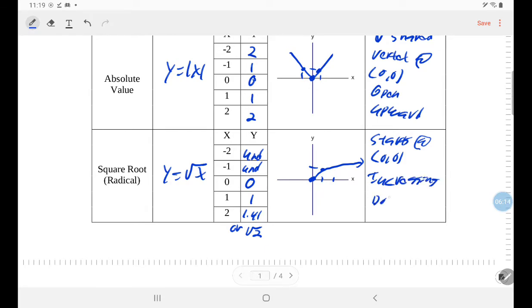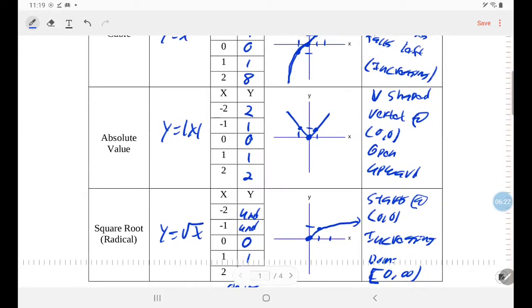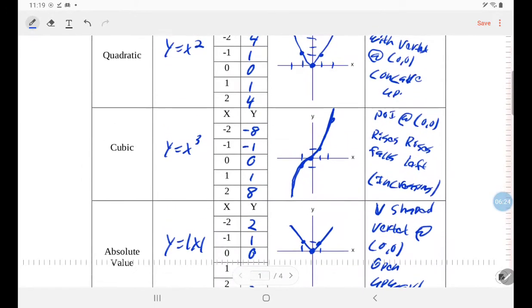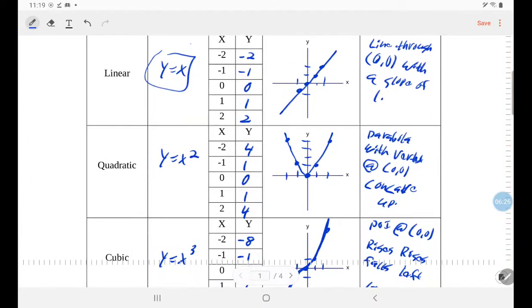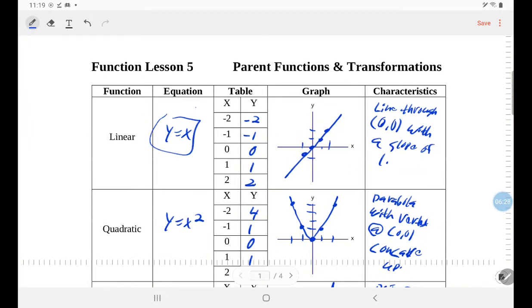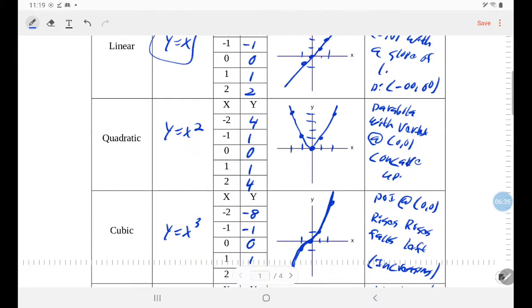And its domain only goes from, in brackets, 0 included, to infinity. All of these other ones that we've done so far, the linear has a domain negative infinity to infinity. The quadratic has a domain of negative infinity to infinity.